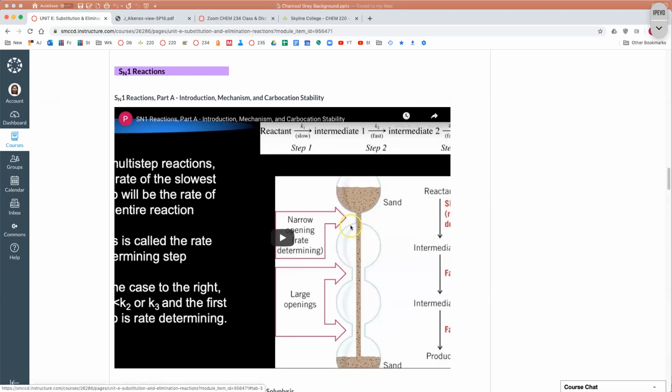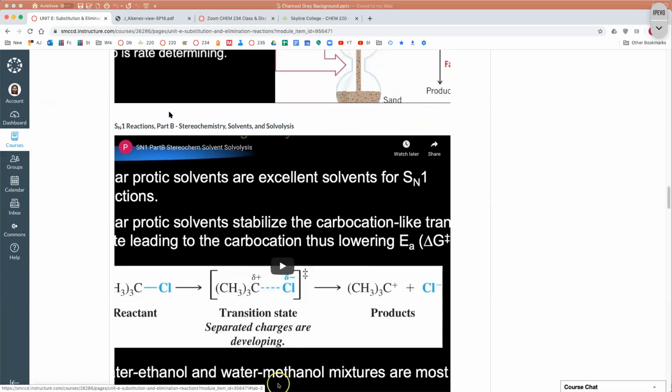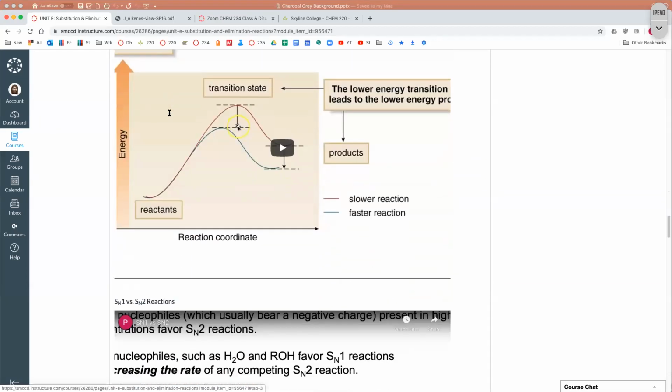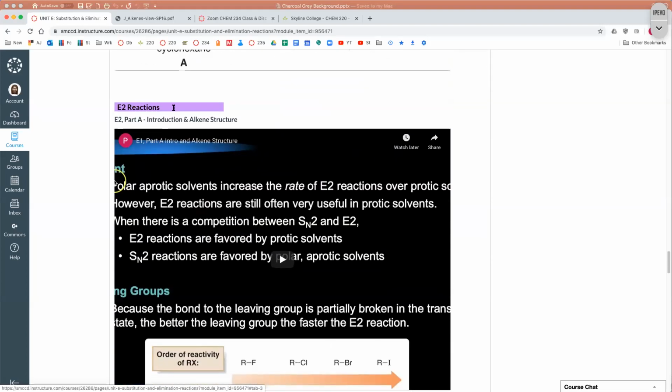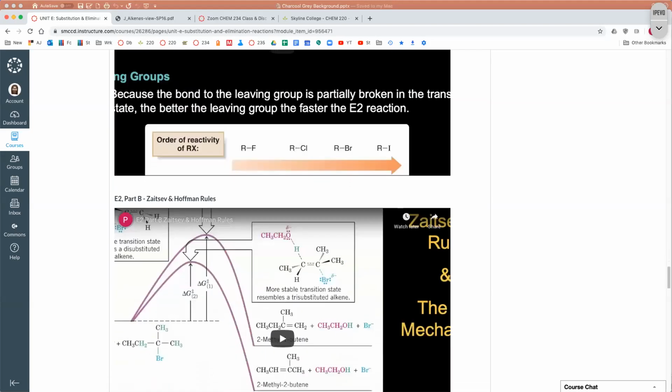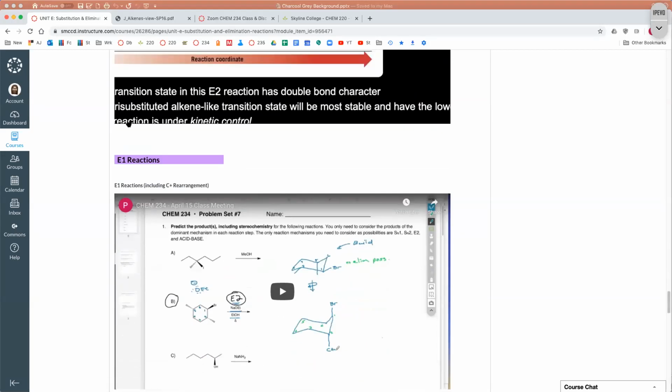And then the SN1 reactions, the Hammond postulate, SN1 versus SN2, and then we get into the elimination reactions. Even though this is labeled E1, it is the E2 reactions. So it is E2, part A and B.